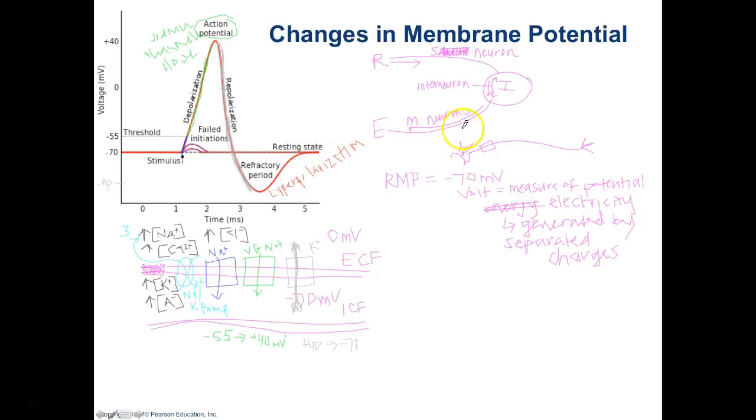And this ensures that this area here that our action potential's happening at is going to send the impulse in this direction so that we can't go backwards. Our impulse will not go back to the cell body. It's going to continue to move in one direction, okay?